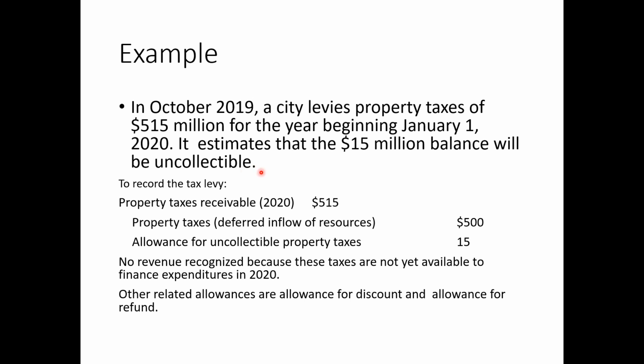So how do we record revenues? Now it's October 2019 and we levied the tax. Okay, we just send out the forms and wait for payment, and these are for the tax for 2020.